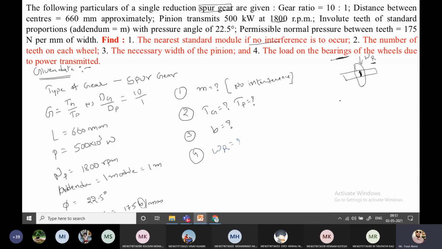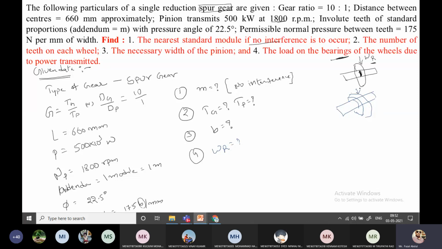Actually, I did not draw this properly. This is a shaft and this is a gear. The gear is going to attach with the shaft here.